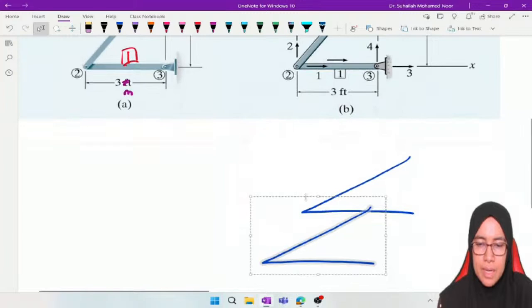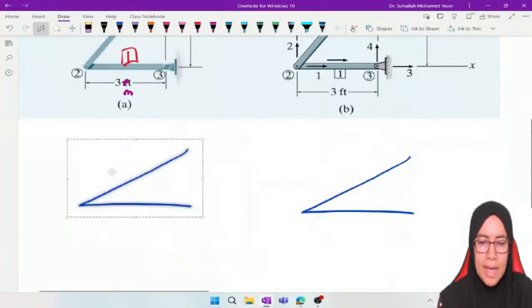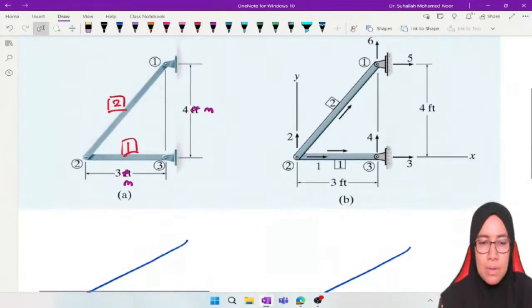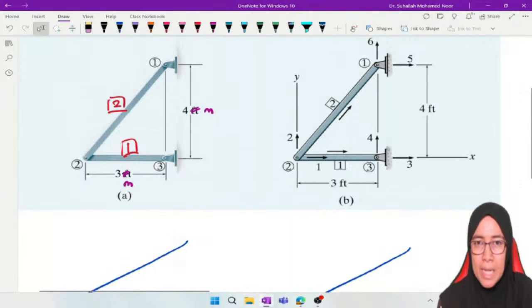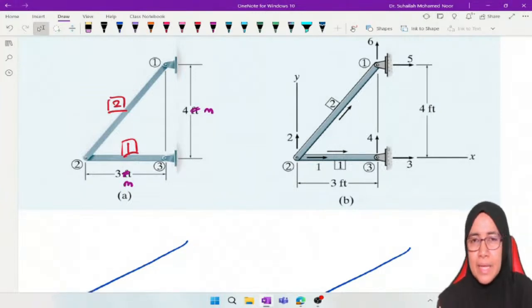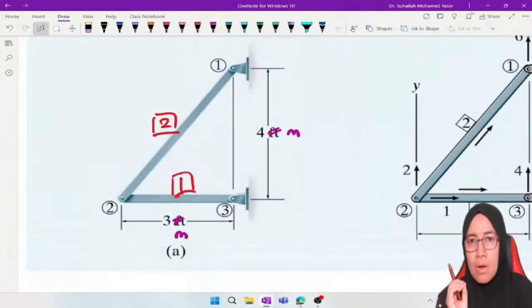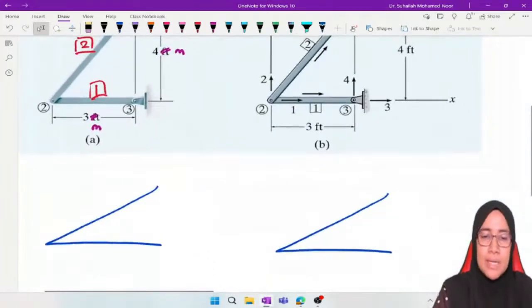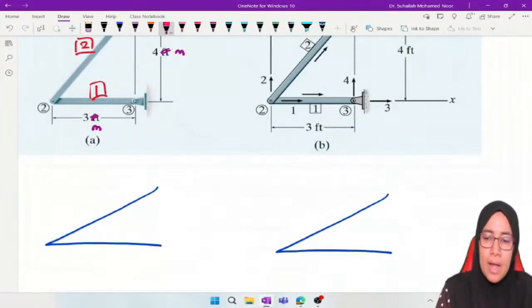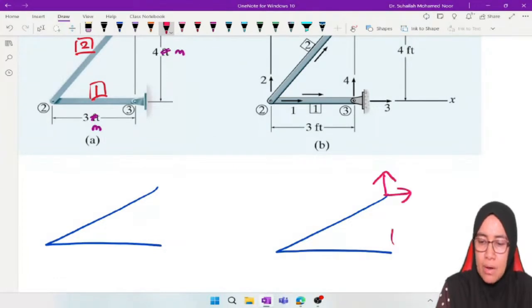Just sketch like this, and then refer back to the diagram. Look at how many supports. Looking into the diagram, there are four unknown reactions which come from 2 pin supports. Four unknown reactions means 4 degrees of freedom.